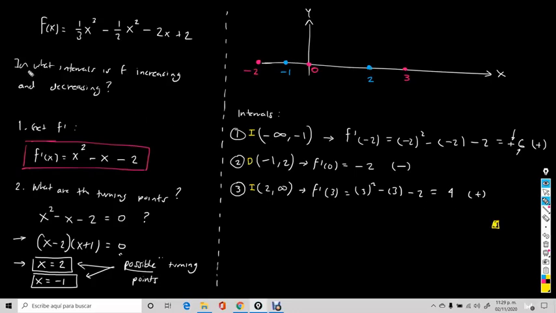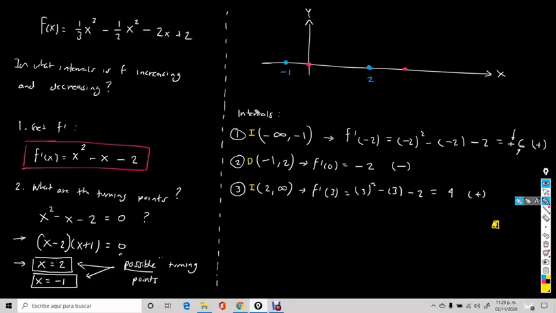The task was this: in what intervals is f increasing and decreasing? And we have found that from minus infinity to minus 1, my function is increasing. Okay, now I can erase these red numbers. I don't need them anymore.